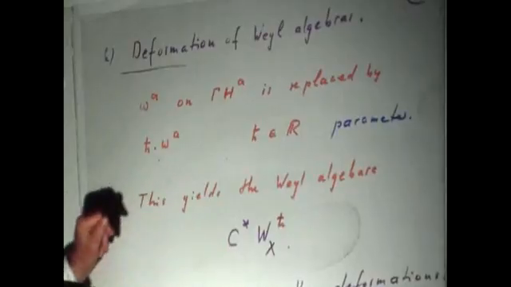Now, we look at the different Weil algebras we can make by multiplying elements in R with the symplectic structure coming from the vector field X. Remember, having 0 yields the Poisson algebra.